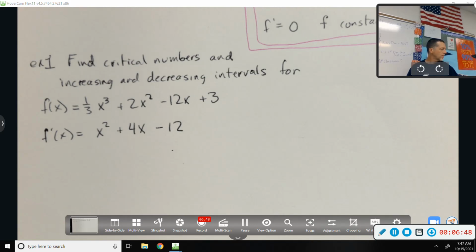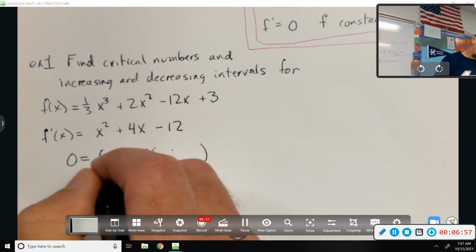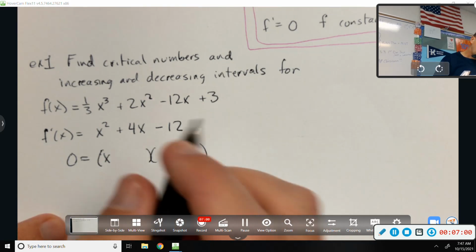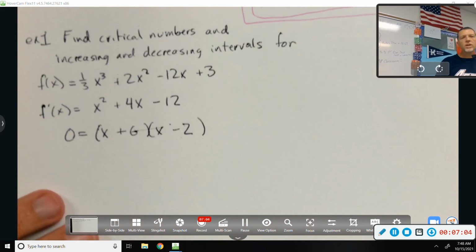So unlike number 11 from 174 that didn't factor and we had to use the quadratic formula, this one will factor. So x plus 6 and x minus 2.